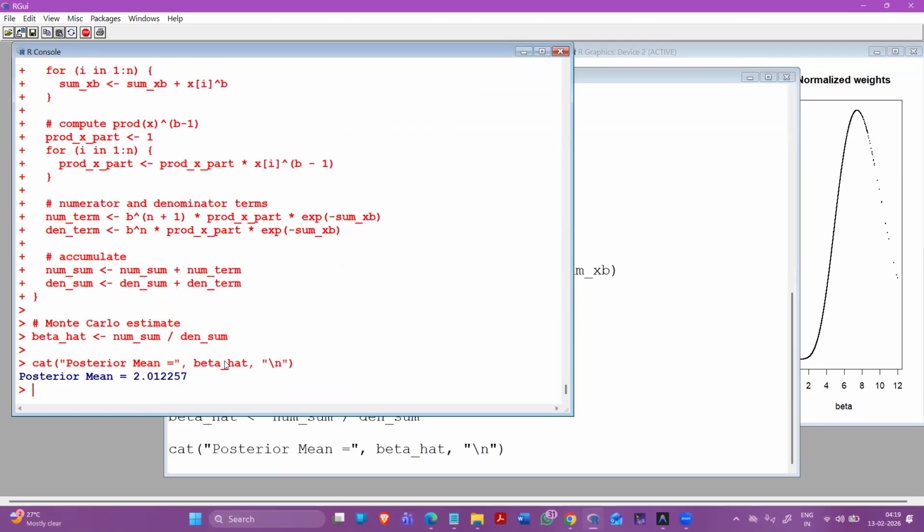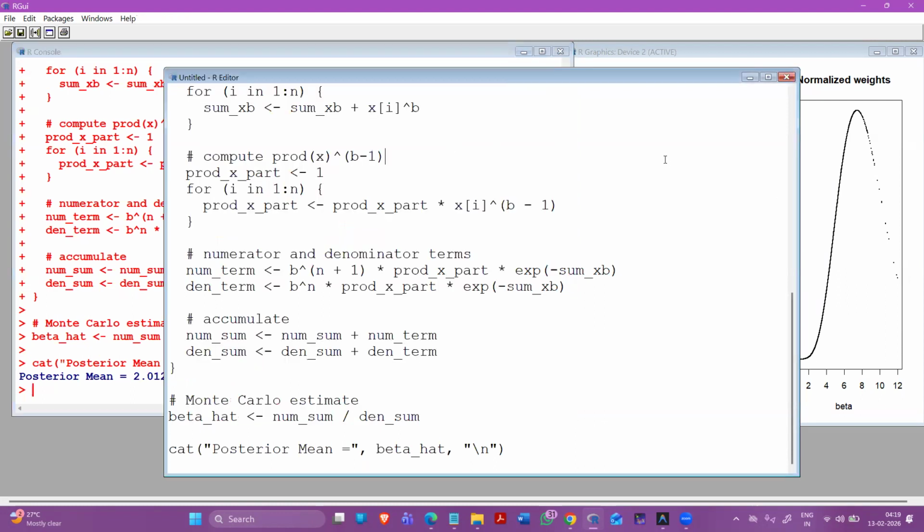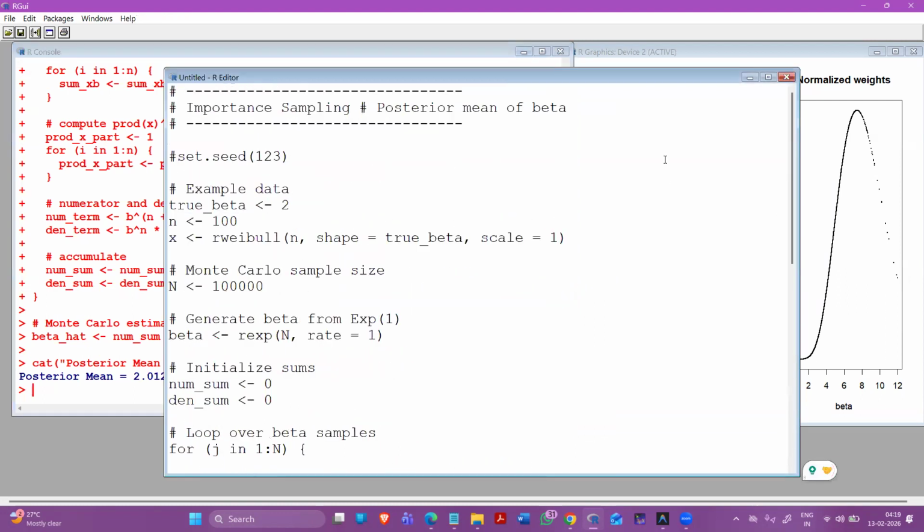If you increase the sample size as well as the number of iterations, you will get the approximate true value of your beta. Beta we took 2, and right now it is 2.01. So this is the code of importance sampling for this given example.